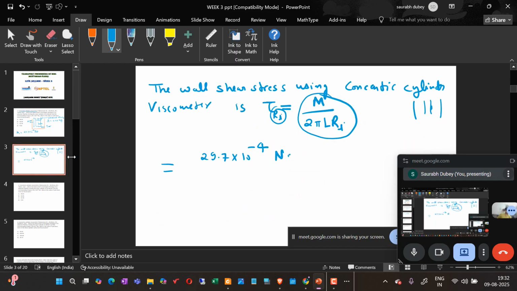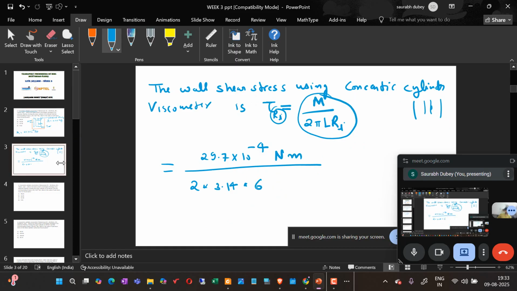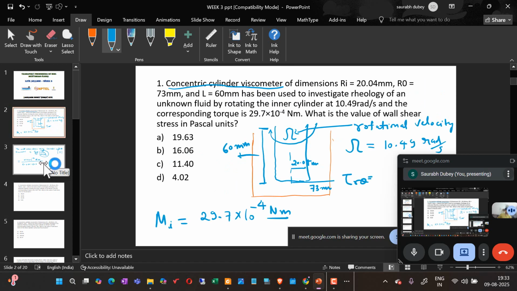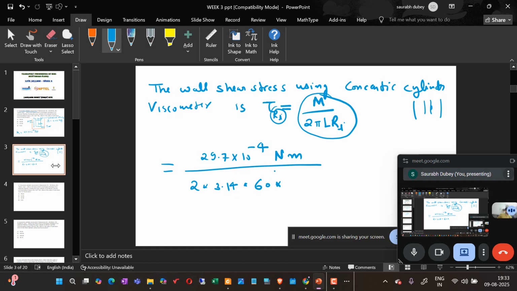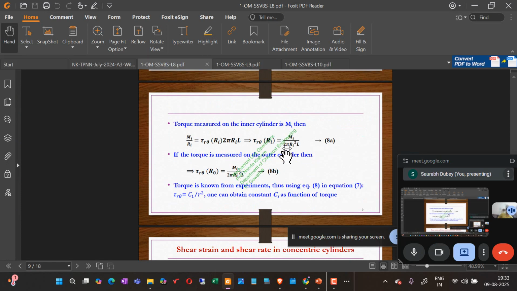Newton meter, divided by 2 into 3.14, which is the value of pi, multiplied by L. L was 60, and then your ri was 20.404, that you have to convert into meter, so 20.404 into 10 to the power minus 3, and it is squared. So this particular discussion that we had is 2 pi L ri square.